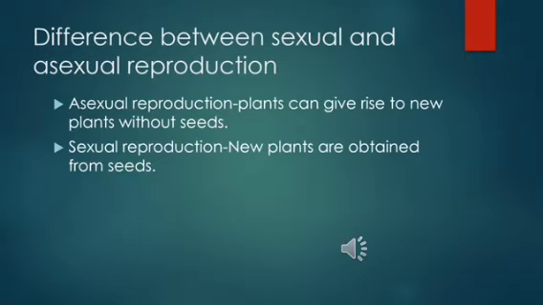Sexual reproduction, if I want a new plant, then I will obtain it from seeds. Now in this chapter, we are only going to deal with the meaning of asexual reproduction and the different methods by which plants reproduce asexually.